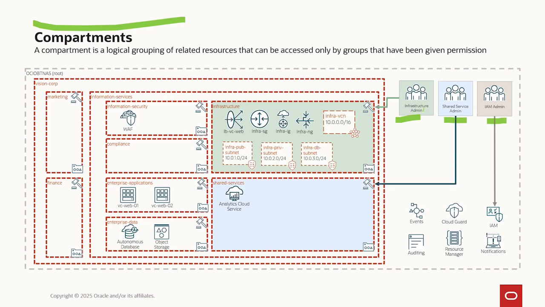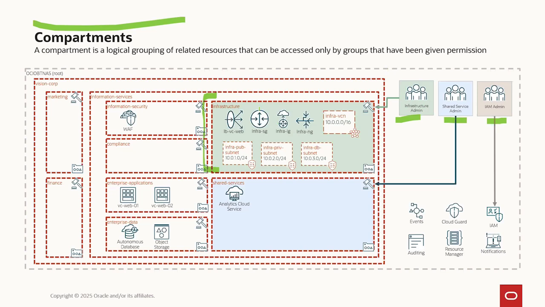So for example, the infrastructure admin has access to the infrastructure compartment, which depending on their permissions, lets them view, manage, access, or edit any of the infrastructure resources.